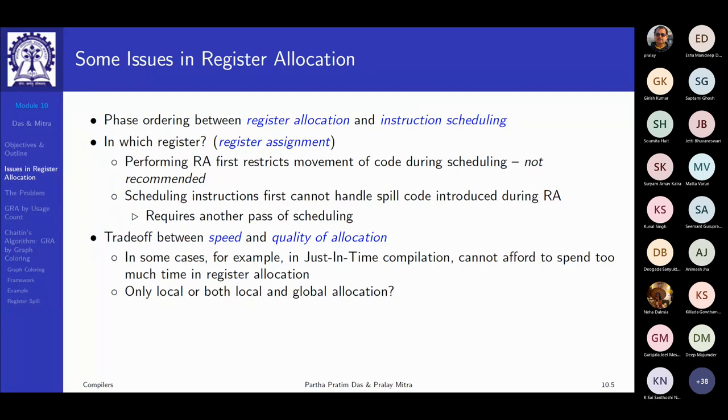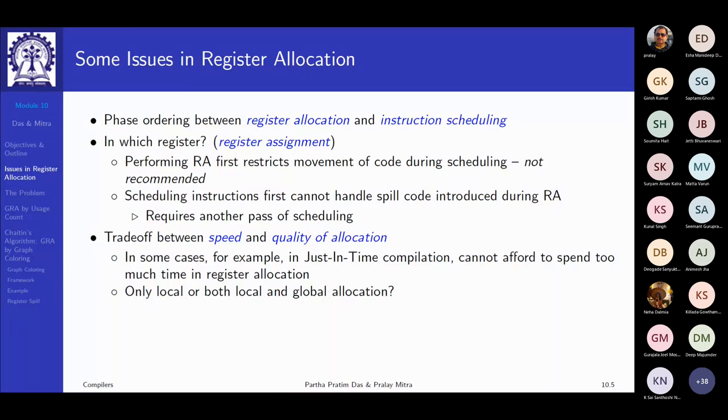Because, for example, you want to take out the loop invariant and put it outside the loop and so on and so forth. So performing register allocation restricts code movement and further optimization of the target code that you are generating. So usually it is not recommended.